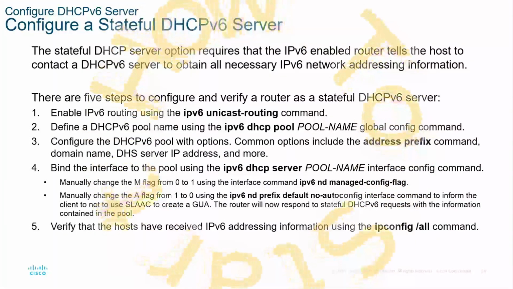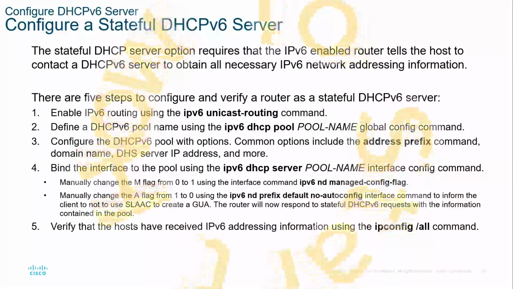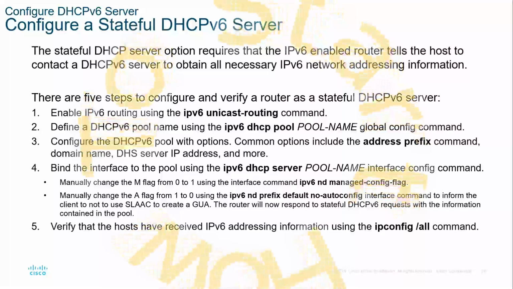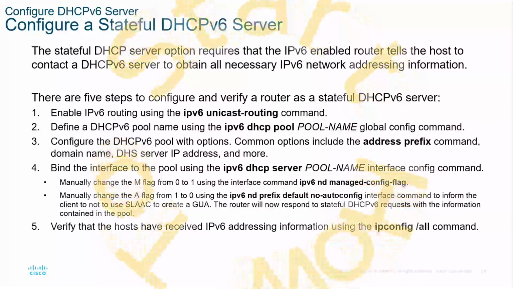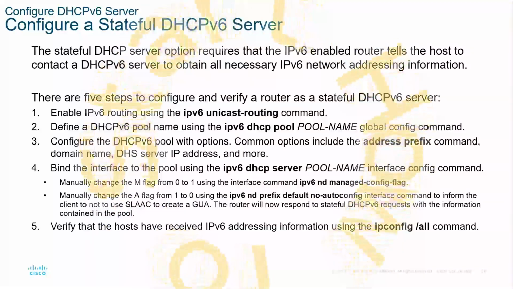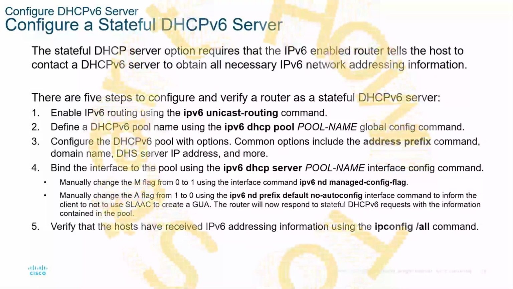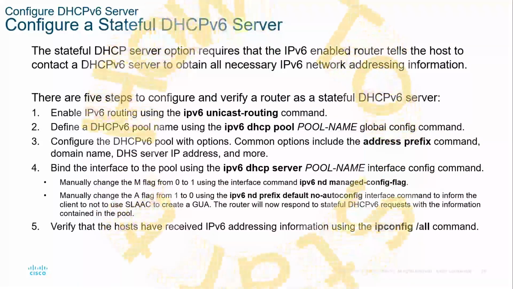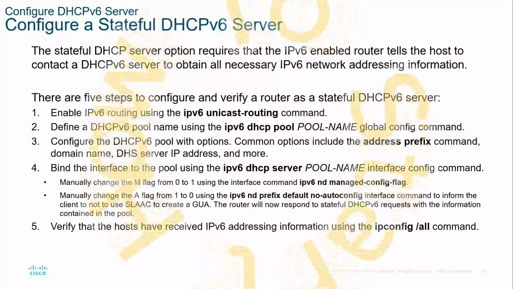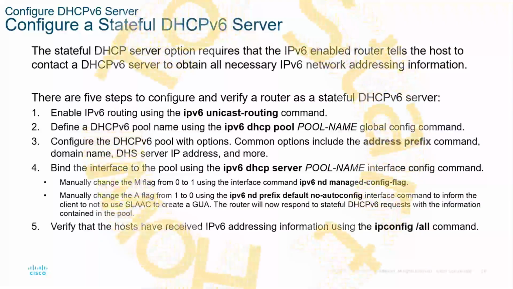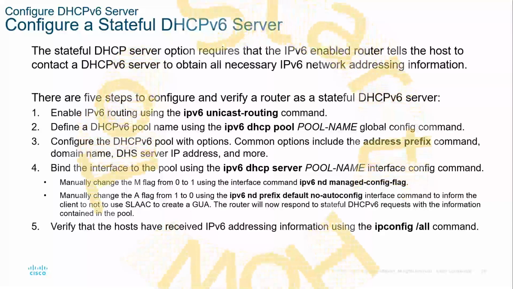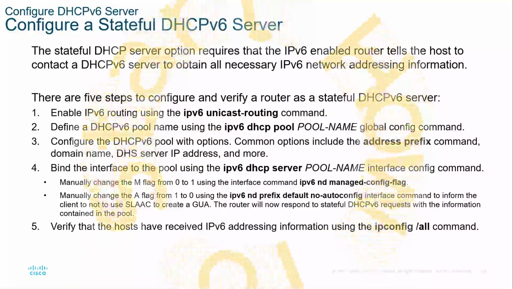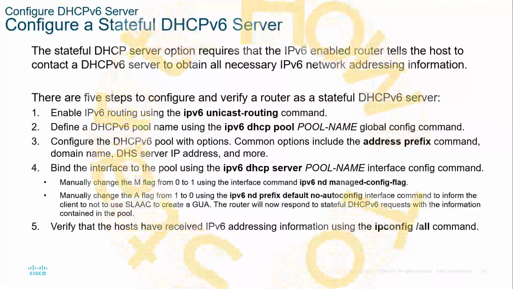You would bind the pool to an interface. So again, manually changing the M flag from 0 to 1, you'd have to do the ipv6 nd managed-config-flag. To manually change the A flag from 1 to 0, you'd be using the ipv6 nd prefix default no-autoconfig. That basically says don't use SLAAC, and that has set up the DHCP server to be stateful on that device.